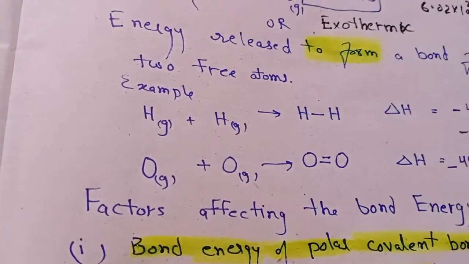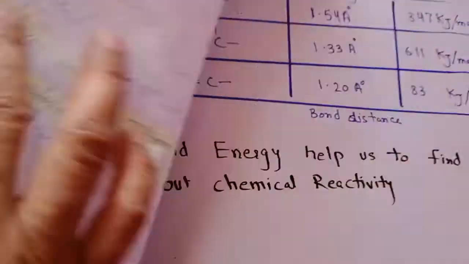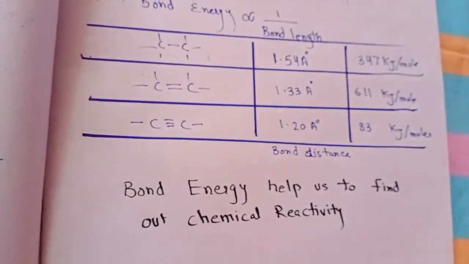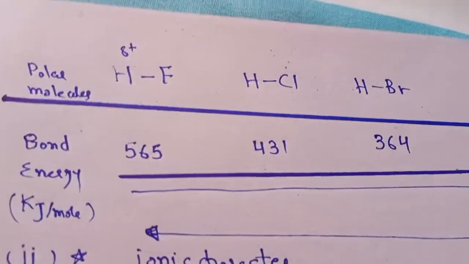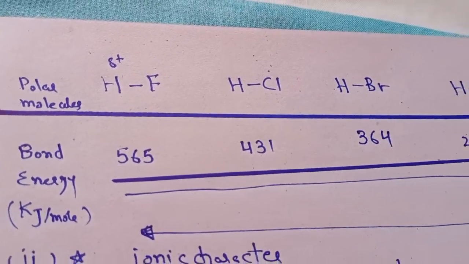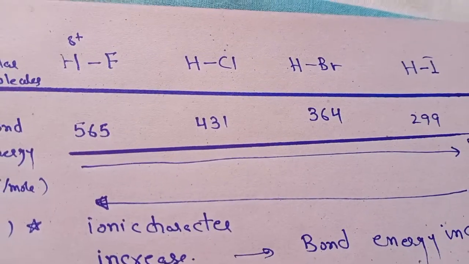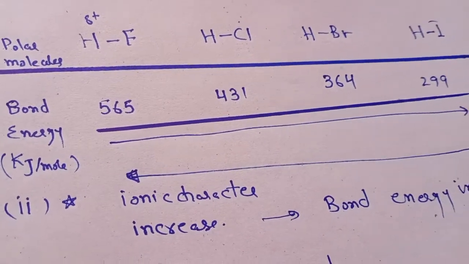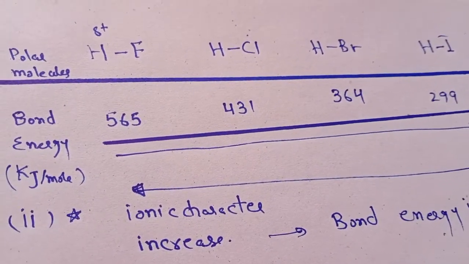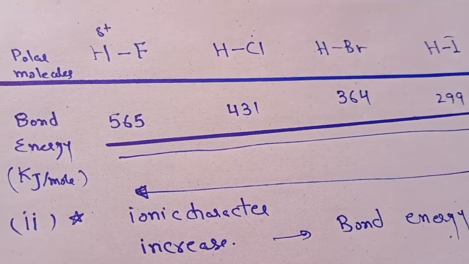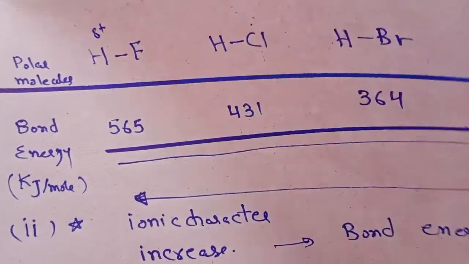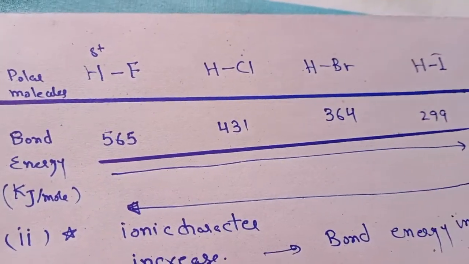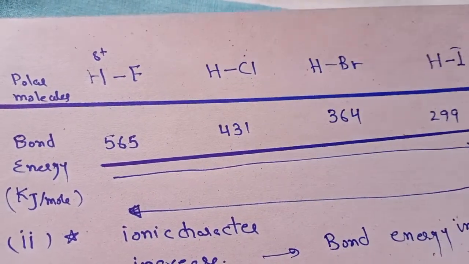Now come to the next factor which also affects the bond energy. Here we have the example of polar molecules. We compared the bond energies of polar molecules with non-polar ones, and polar ones have a higher bond energy.